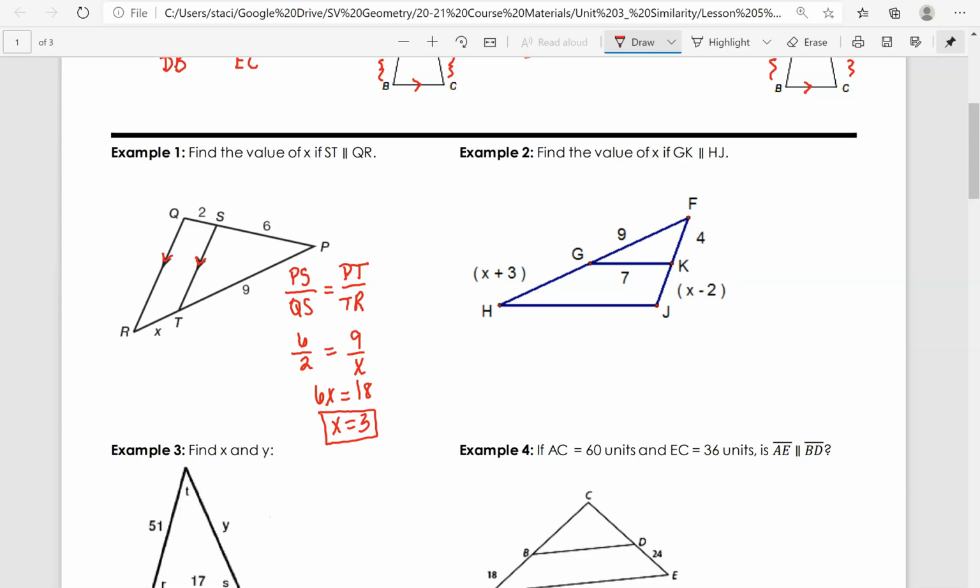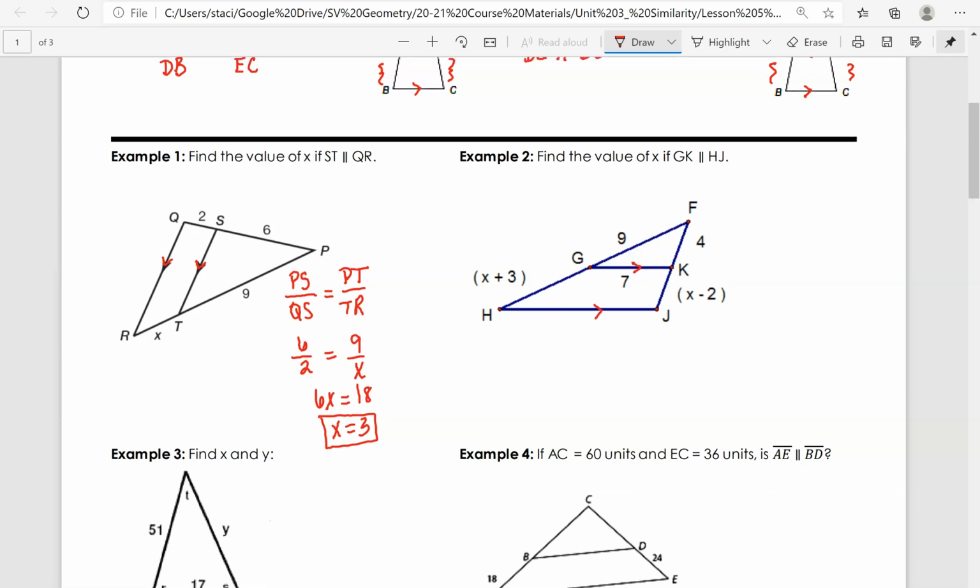In example 2, it says find the value of x if you know that GK is parallel to HJ. This one's really similar to example 1. The only difference is that some of the sides of the triangle are an expression versus just a constant number. So I can apply the side splitter theorem.